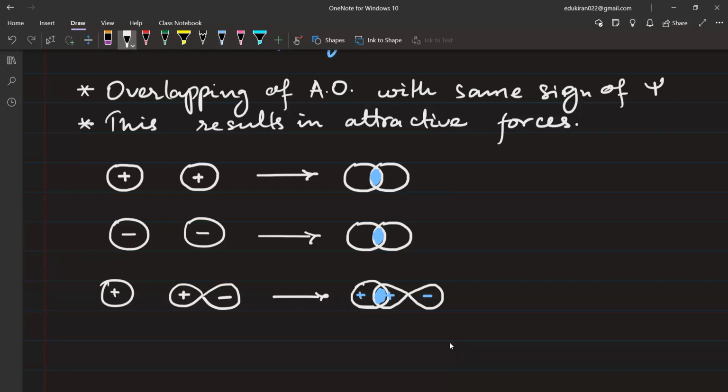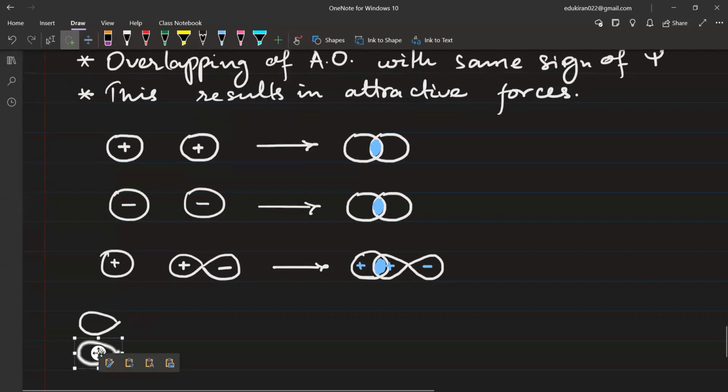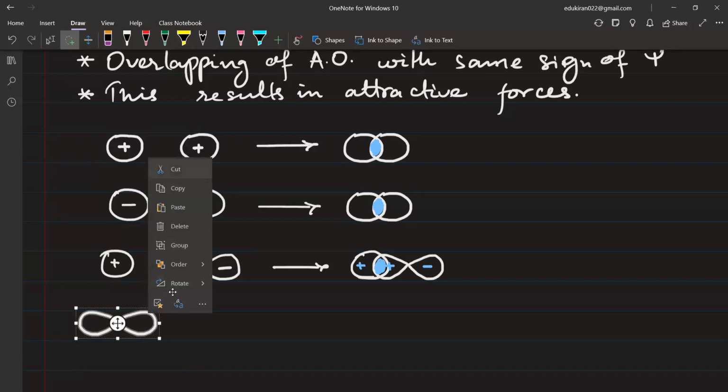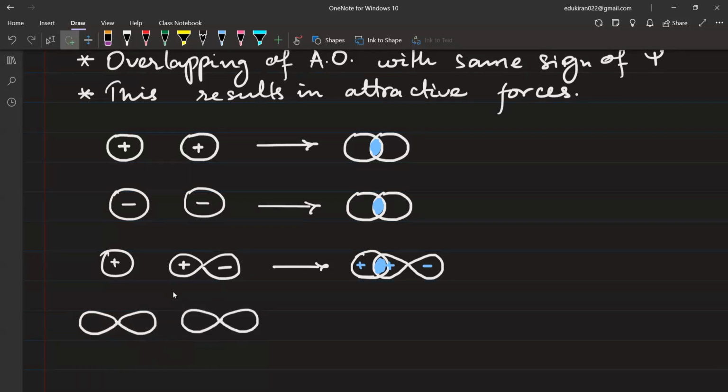How will pp overlapping look? You have a p orbital like this. We rotate it horizontally first, and then copy it again. So again negative, positive, positive, negative.